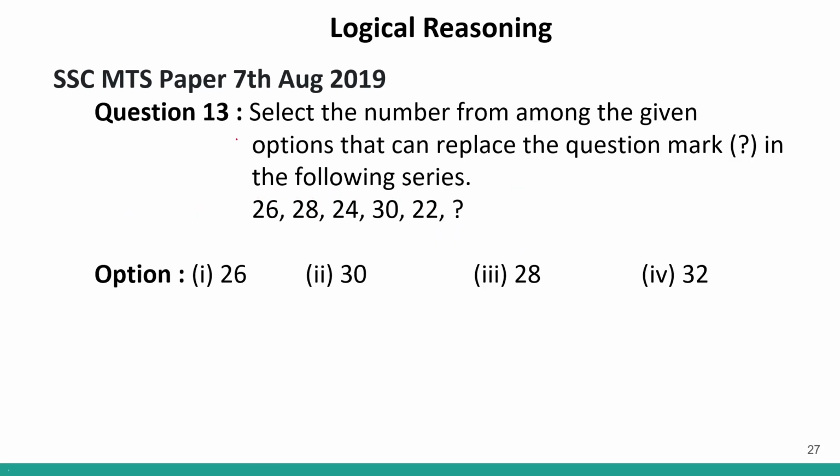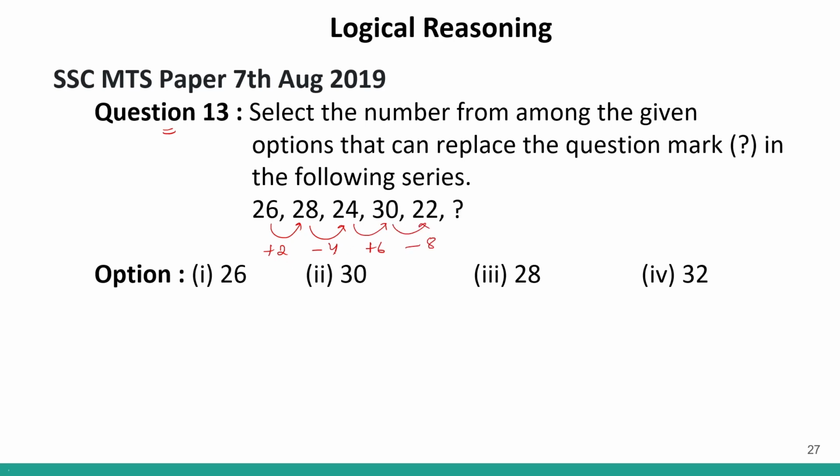Now, question number 13. In question number 13, from 26 we are going to 28. So there is a simple plus 2. From 28 we are going to 24. So there is a minus 4. From 24 to 30 that means a plus 6. And from 30 to 22 is a minus 8.